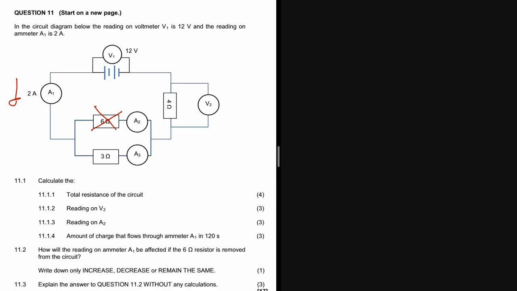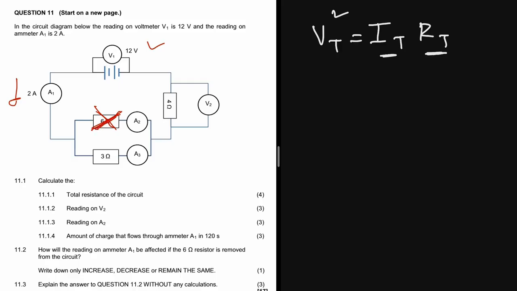So now remember, this current is related to Ohm's law. We know that Ohm's law says the potential difference is equal to the total current times the total resistance. So now if we remove this resistance here, we are changing the total resistance. So therefore the current will have to change since the voltage is the same. But now how will it be affected?